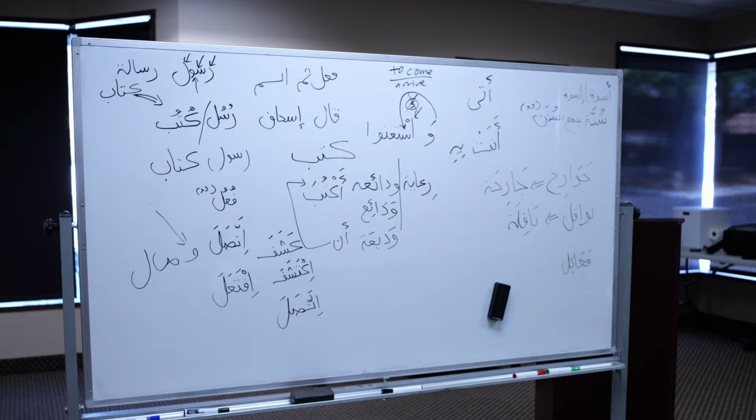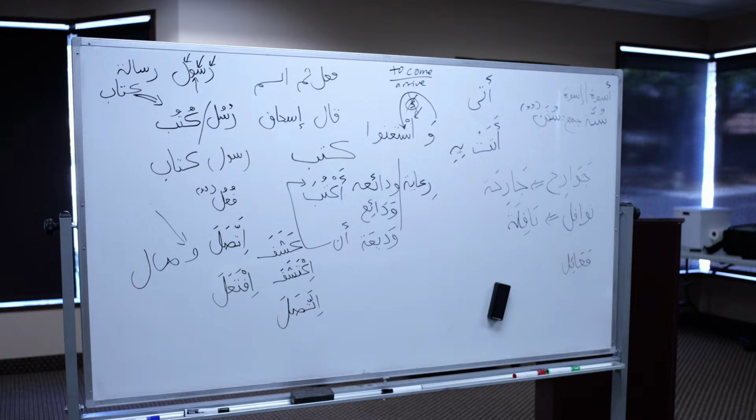min al-adab. Now there's a madd over the alif in adab, so it's actually adabi. So adab, what is adab? No, that's adab. But depending on who your parents are, when they teach you adab, it could be a form of punishment, right?